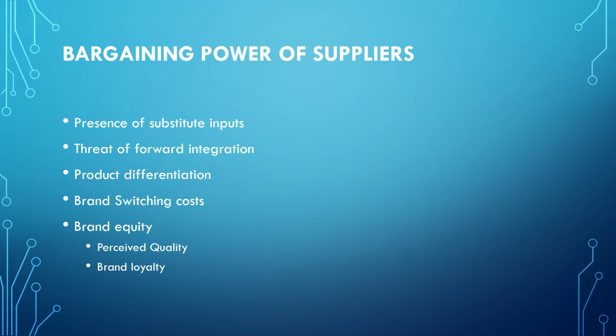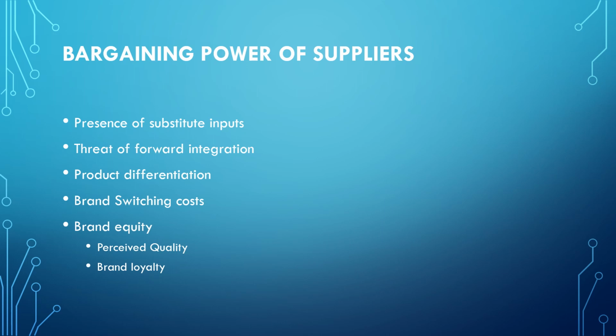And then finally, we have this issue of brand equity. Brand equity, when we talk about bargaining power of suppliers, really has to do with two factors: brand loyalty and perceived quality. Now, when we worked at Westclox, there were certain kinds of things that we only wanted to buy from one company because we really liked that product. For instance, we would only buy Reed injection molding equipment, and we would only buy plastic molds from certain companies because we were loyal to that company.